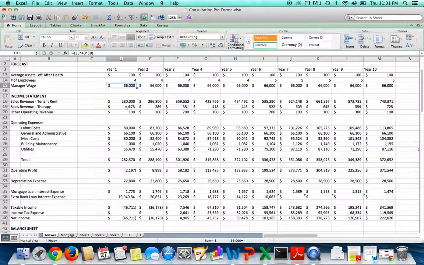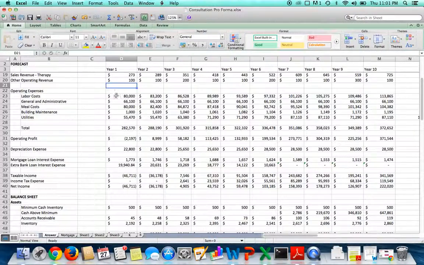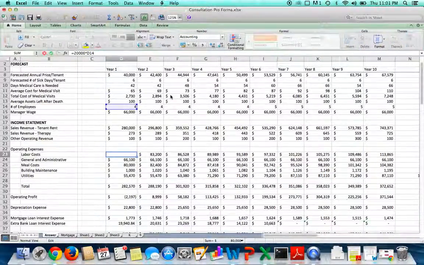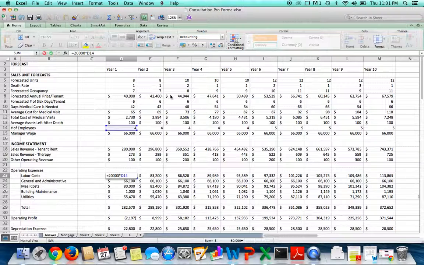And the other operating revenues from the assets left after death. The labor costs, we said that we'd pay each employee around $20,000 per year. Our general and administrative is the manager wage plus a $100 flat rate.